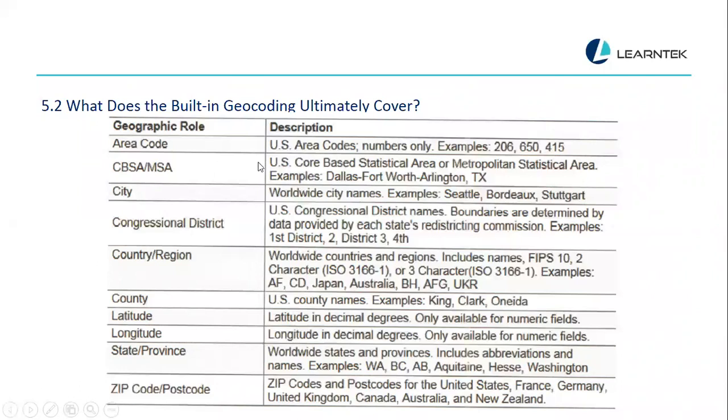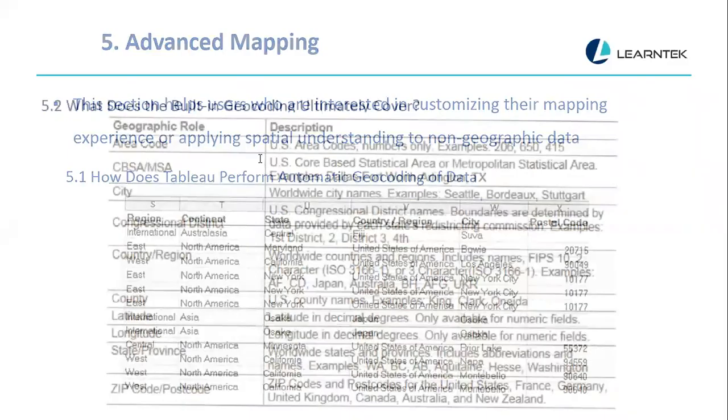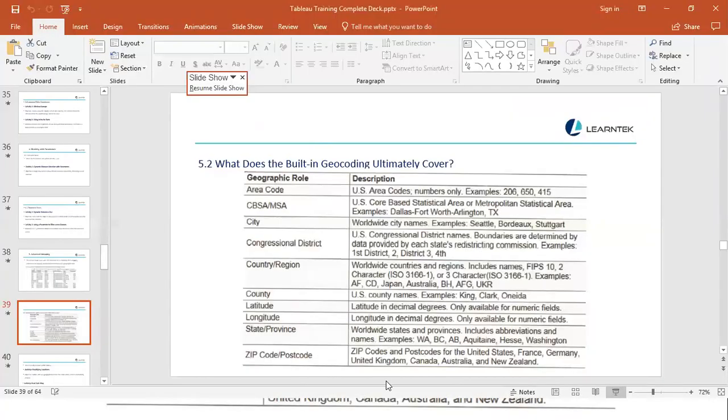So these are the different geographical roles that Tableau can identify automatically, right?